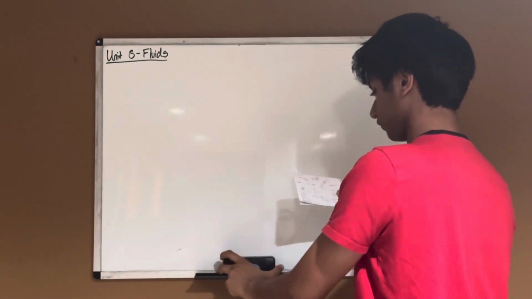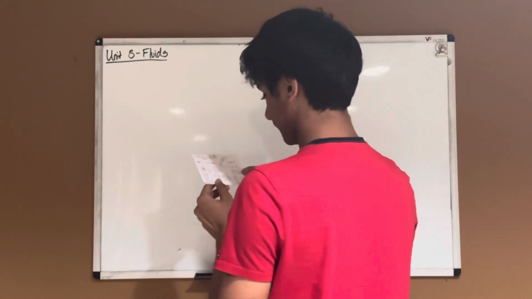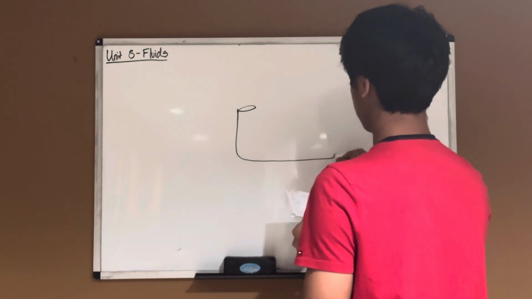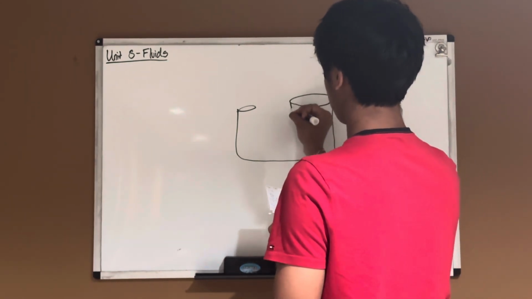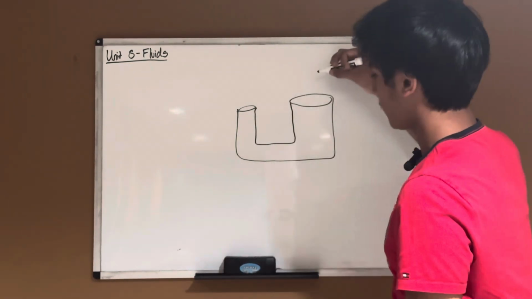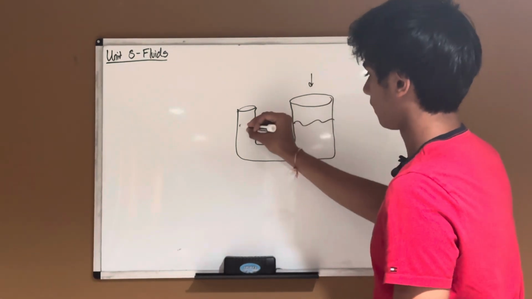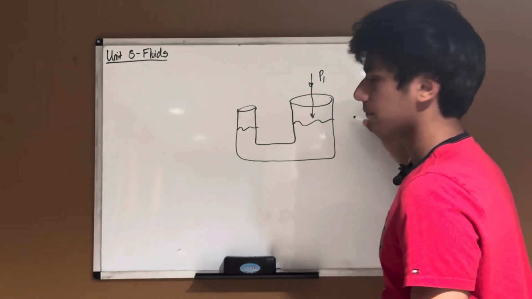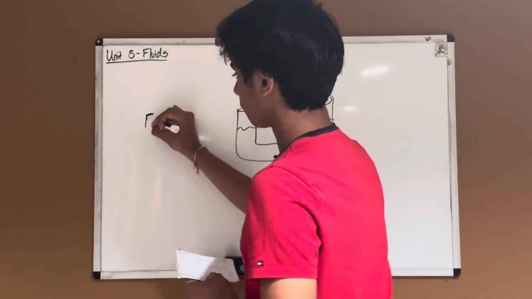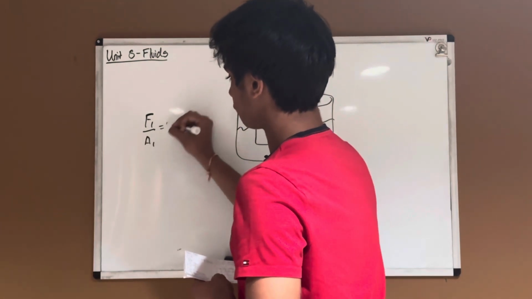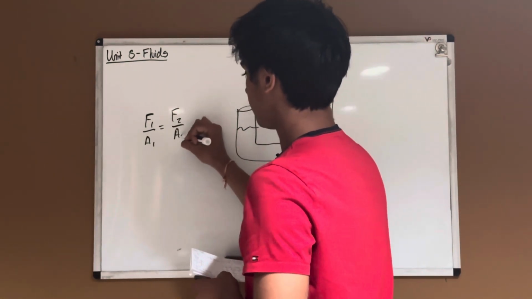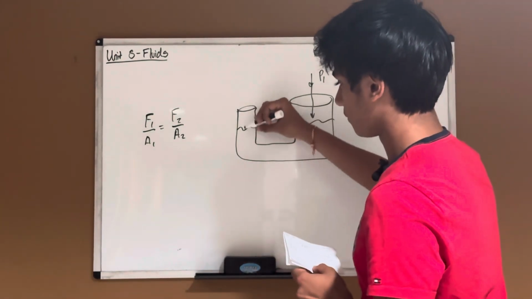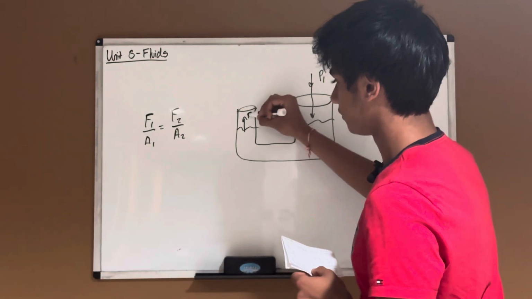So the last formula we need to know for static fluids is that if we're applying a pressure, let's say we have a system like this, right? And we apply a pressure here, it's a fluid, right? We apply a pressure onto the fluid here, call this pressure 1. Then Pascal's law, which states force 1 over area 1 equals force 2 over area 2, states that because we're applying pressure here, P1, there has to be an equal pressure applied to the fluid here, called this P2.